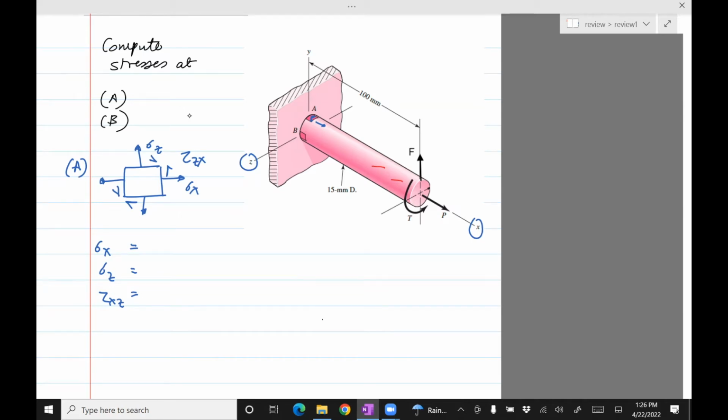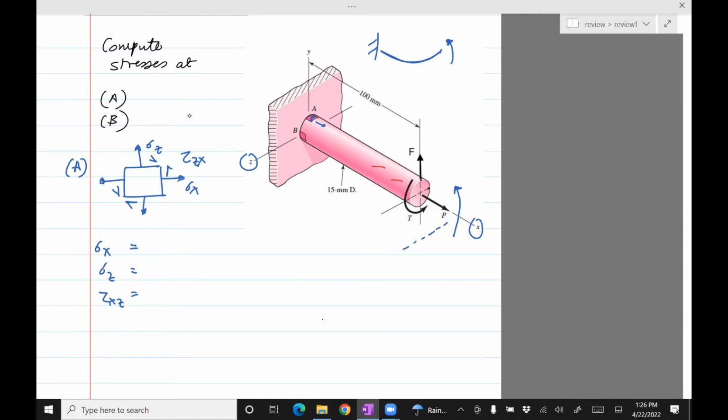Now F will lead to a moment. The question is, what kind of moment will it lead to? F will lead to this beam probably bending this way, right? So it's going to cause a moment in this fashion. So I can just draw that here. Okay, and then I think it's best if you show the axis.